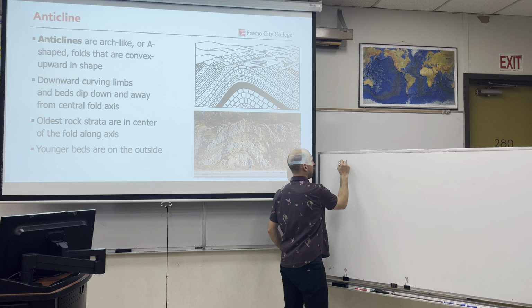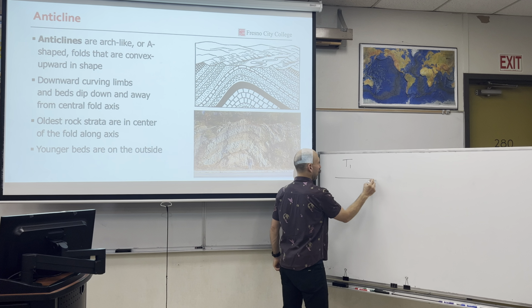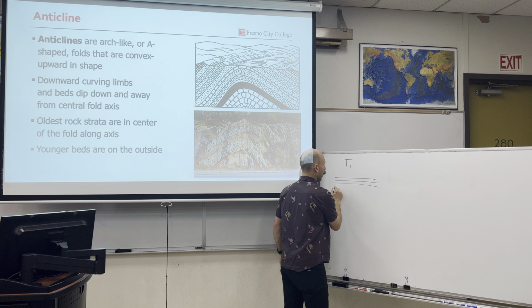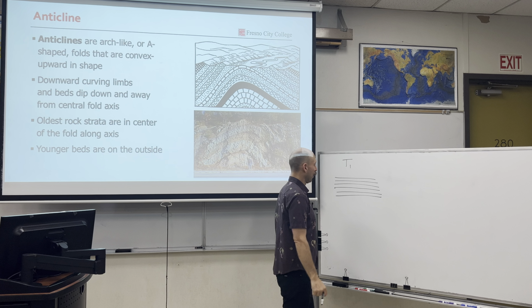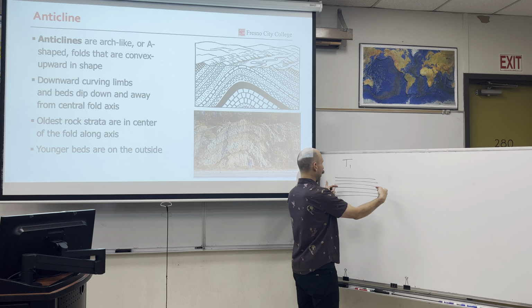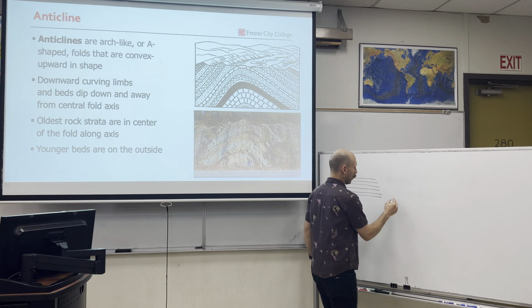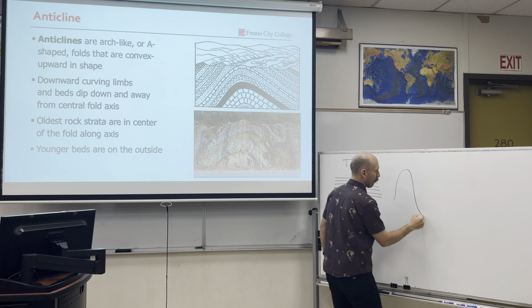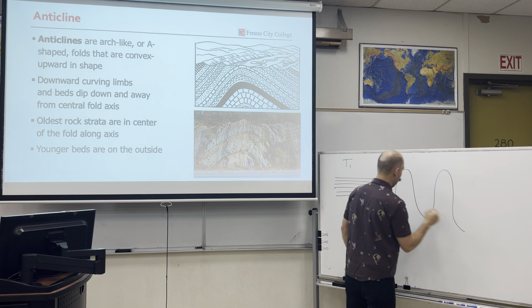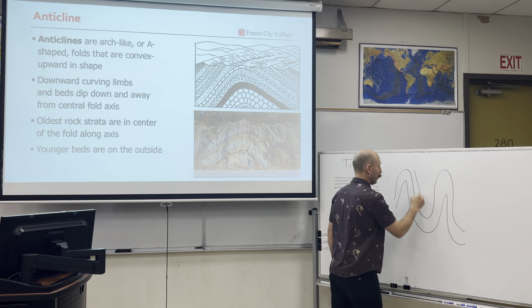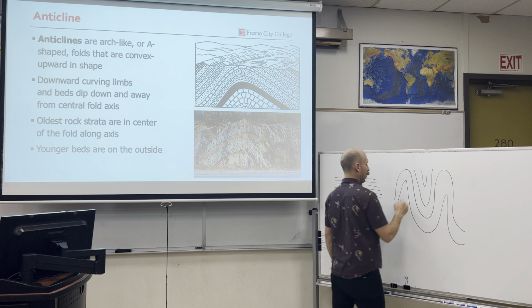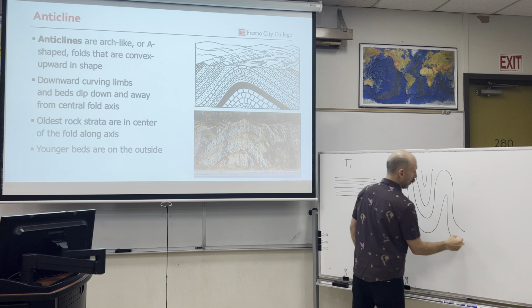Okay, so we're going to say at time equals 1, we have sedimentary rock layers. Compressive stress is going to shorten and thicken these layers, causing them to fold. Remember, folds are when rocks bend and don't break.